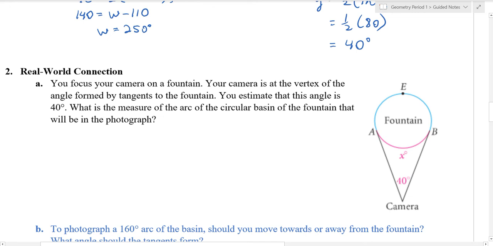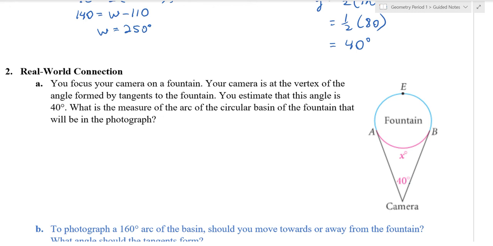So we make this drawing right here in which we know the angle formed. Here's our camera here, and we have two tangents. So the angles that we have for reference are outside the circle. So we're going to be using Theorem 7.15 case 2. All right.